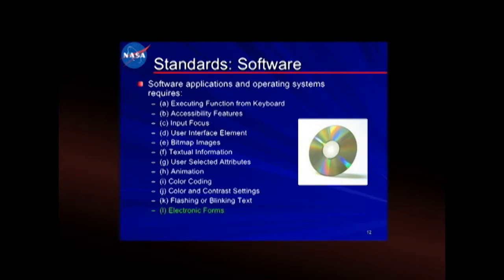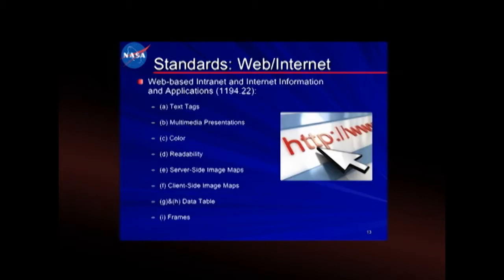All right. Then we have standards for web and internet. Now, this includes electronic documents and emails. This includes your websites, pretty much anything distributed through the web, through the internet, or even an internal website.